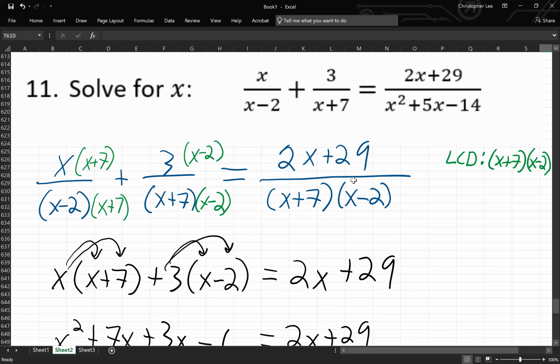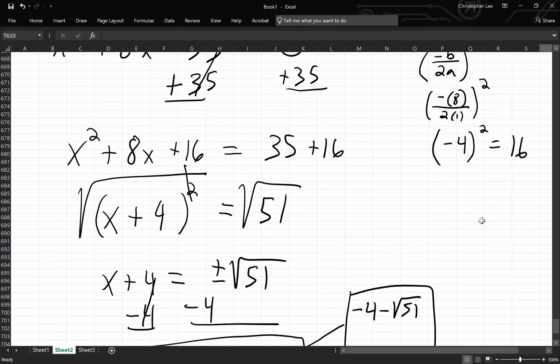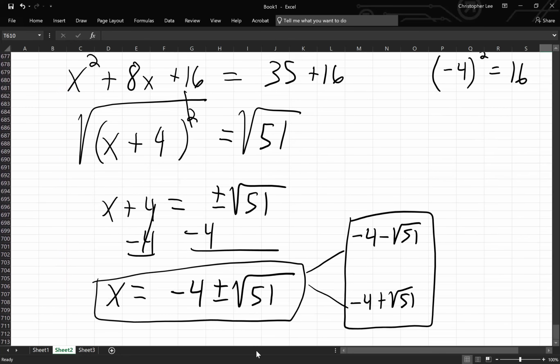The numbers that would make this denominator 0, looking strictly at the LCD, would be negative 7 and positive 2. As long as x is not negative 7 and not positive 2, we're good to go. In this case, we didn't have that, so we're good to go. Just a little tidbit of information for you guys. So we good? We can move on?